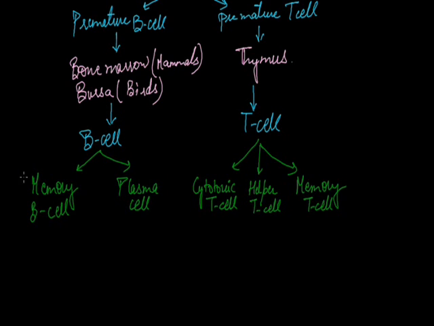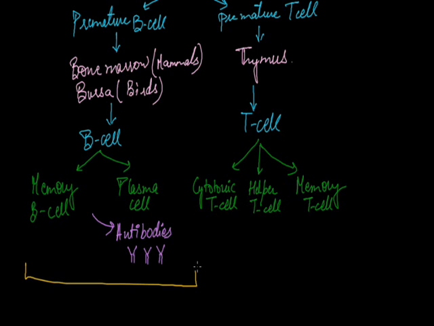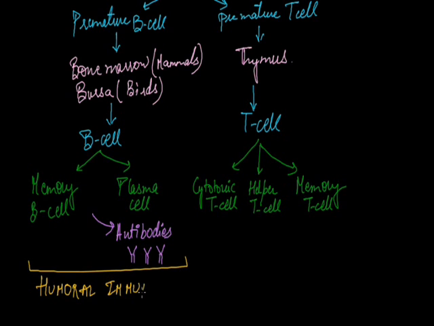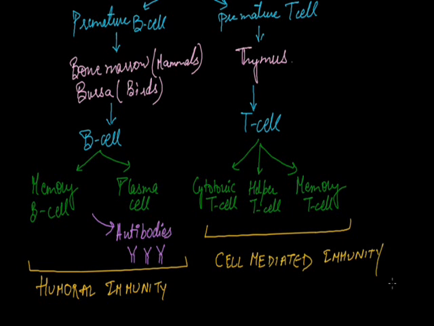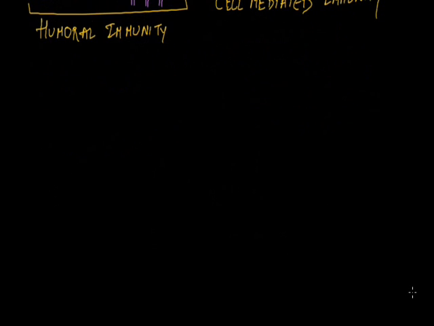The B cell will produce antibodies, Y-shaped structures, responsible for giving the humoral immunity, while the T cells are responsible for giving the cell-mediated immunity.